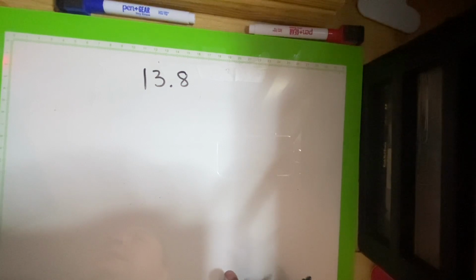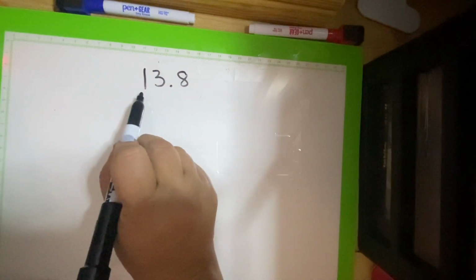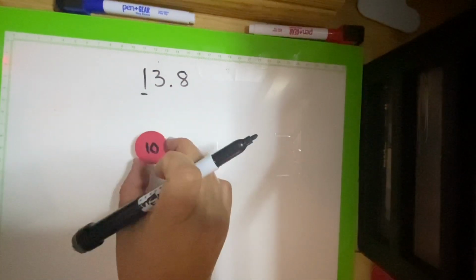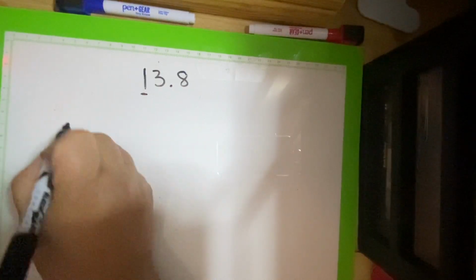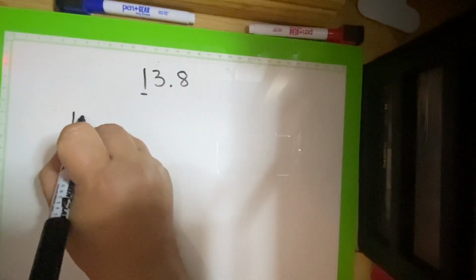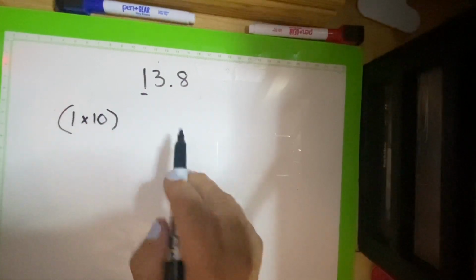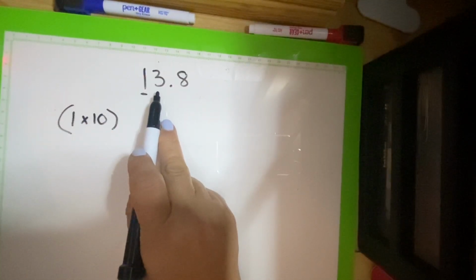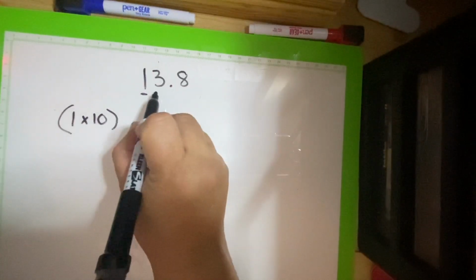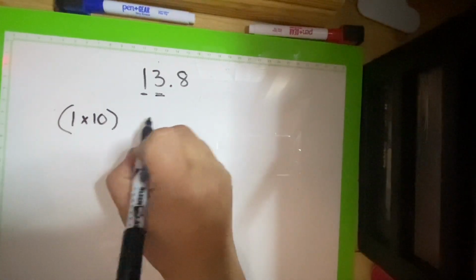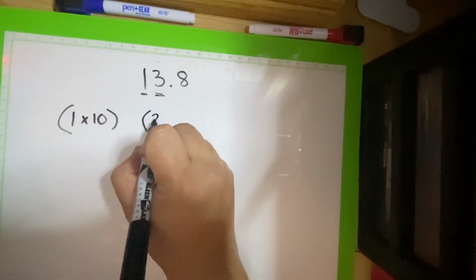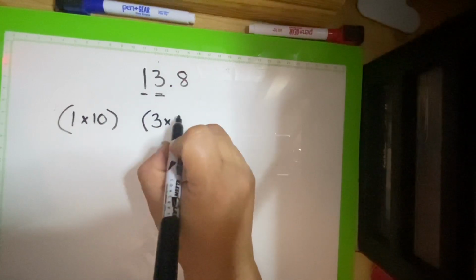So I'm going to break it apart now and decompose it so that I have expanded form. So I have one group of 10, right? I had 1 ten. So that becomes one group of 10. I had 3 ones. So that means I have 3 groups of 1.